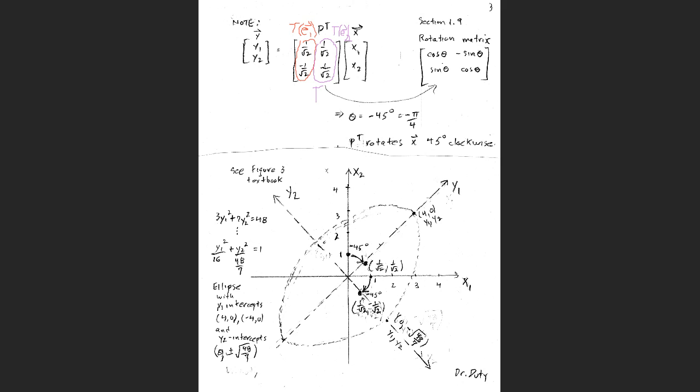Okay, so that means, for instance, and got to be a little careful here now, (1, 0) under the transformation gets mapped to 1 over root 2 and negative 1 over root 2.